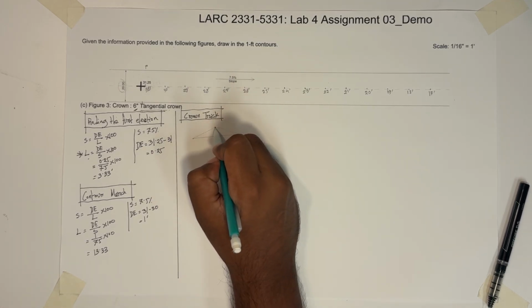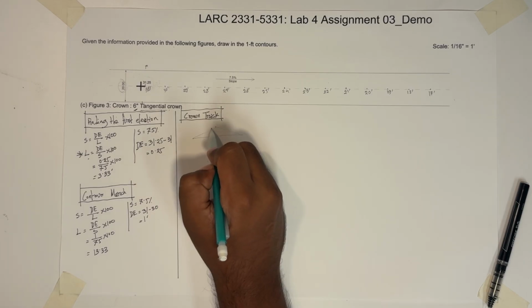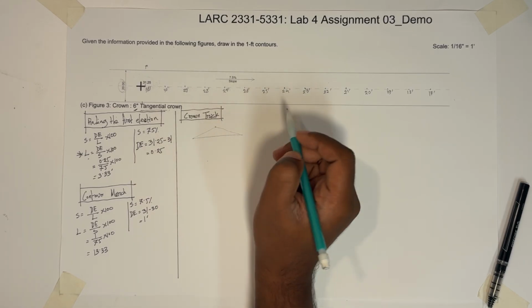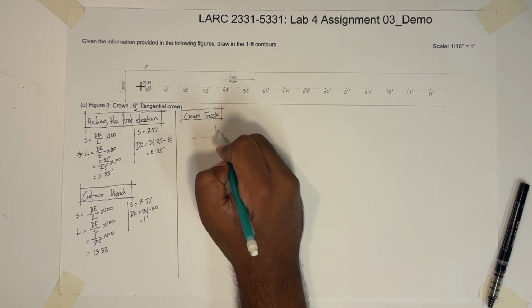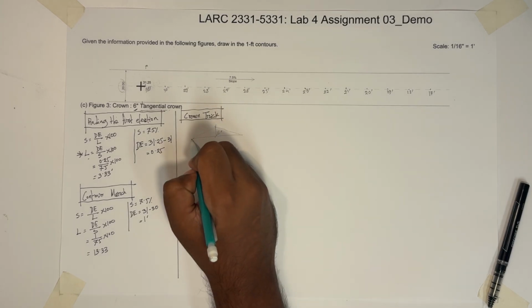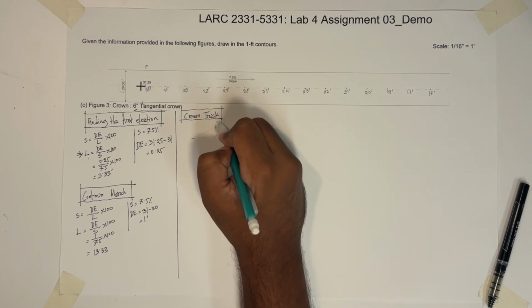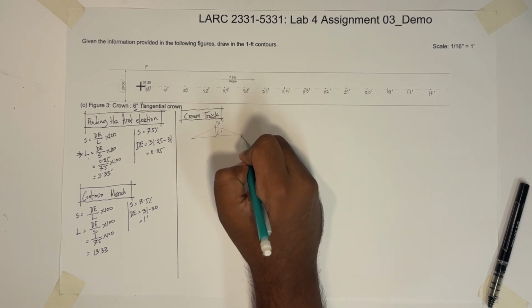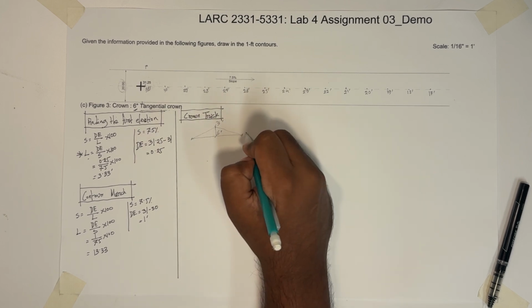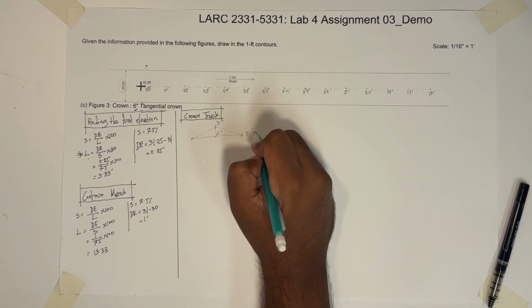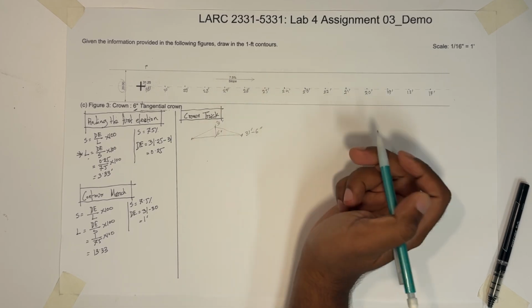This is because the crown is elevated 6 inches over the edges of the road. So if this is 31 feet, these 2 points are gonna be 31 feet minus 6 inches.